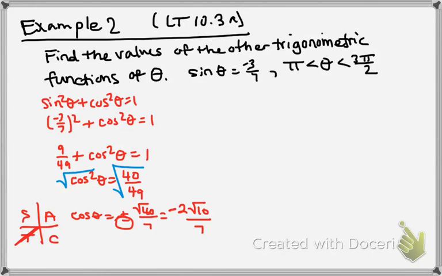So tangent, remember from earlier, is sine divided by cosine, which I very nicely already know because they gave a sine. I just found cosine. So the tangent is going to equal the sine, which they gave us to be negative 3/7.